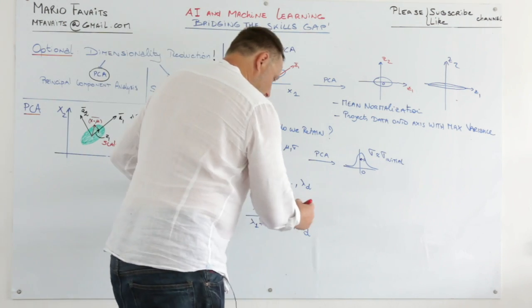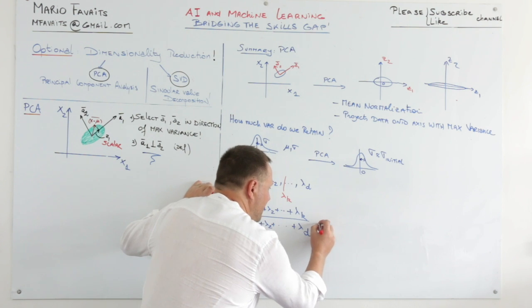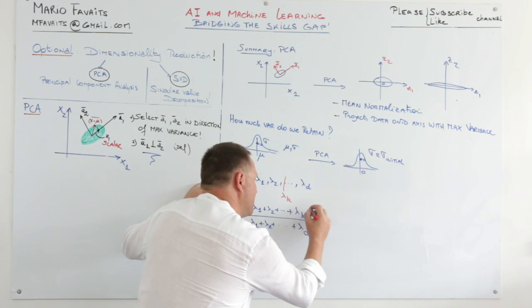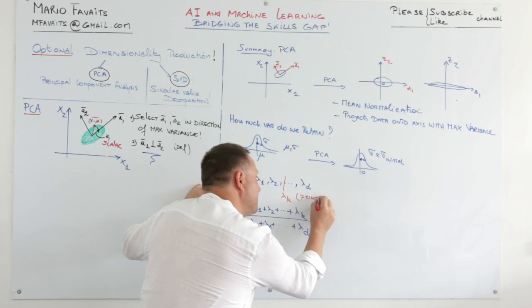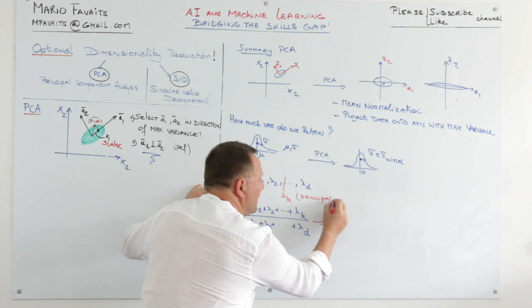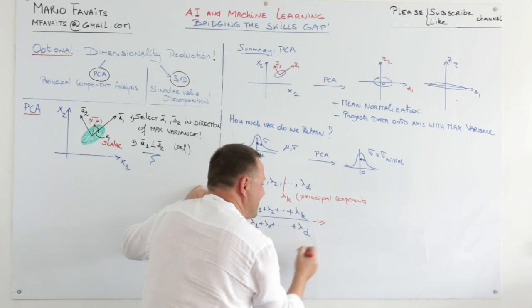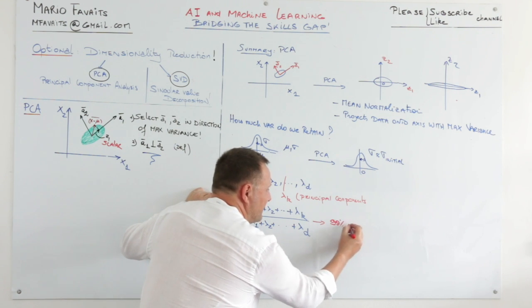And what we look for is that this is smaller than 1. So k principal components, right? We try to retain ideally 99% of the variance.